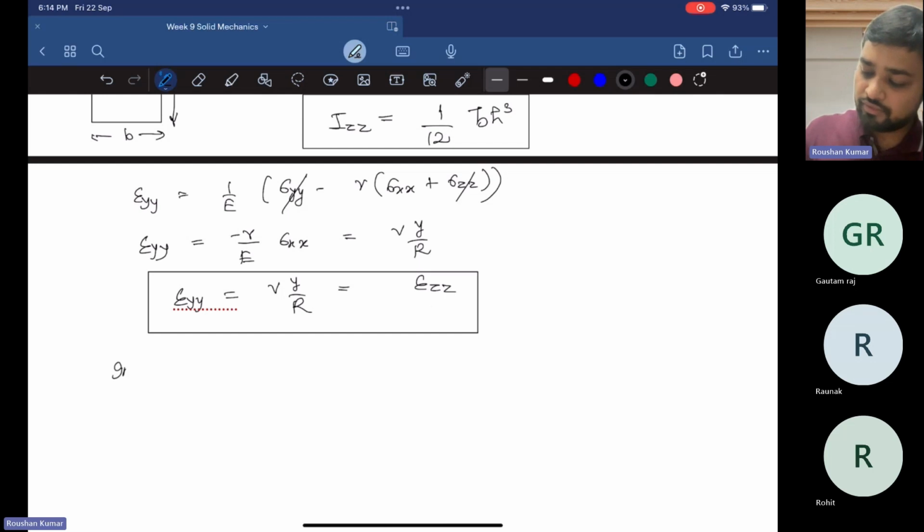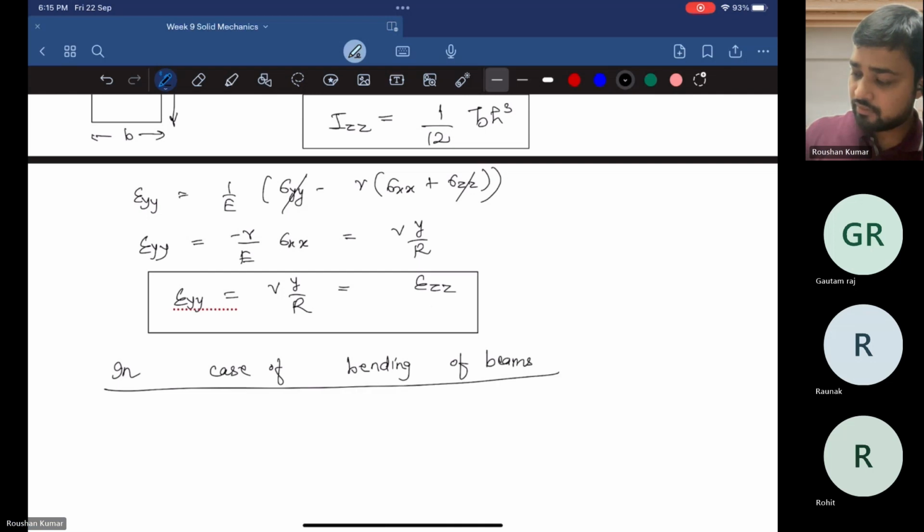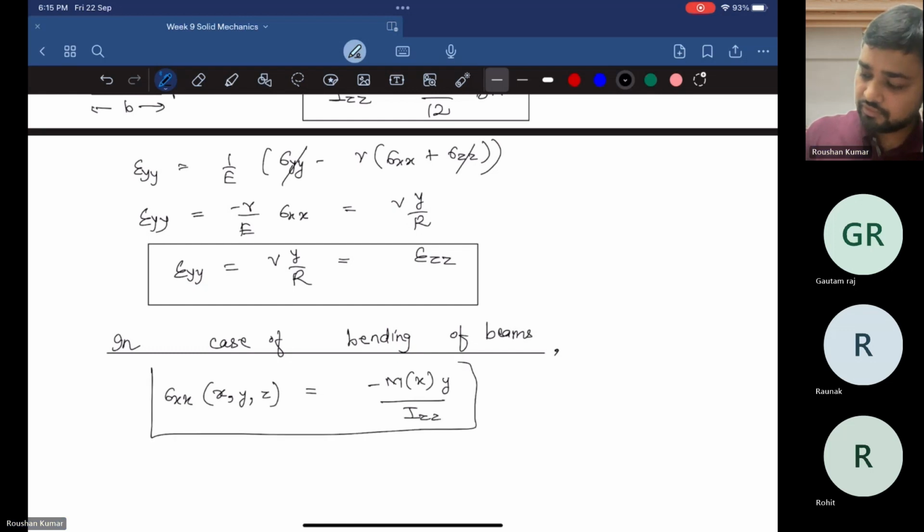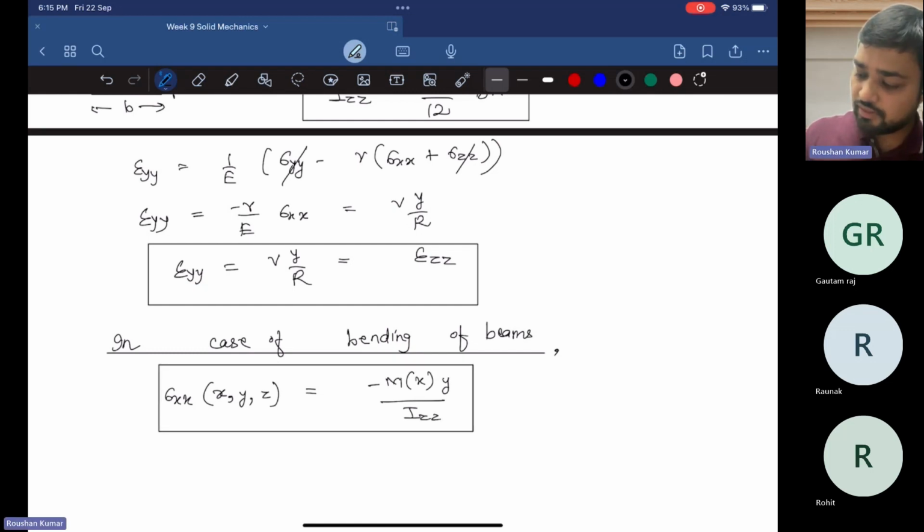So in case of bending of beams, we can write first the variation of sigma xx. Sigma xx here also varies in x, y and z directions, and is given by minus M of x times y upon Izz. So this is the value of sigma xx.